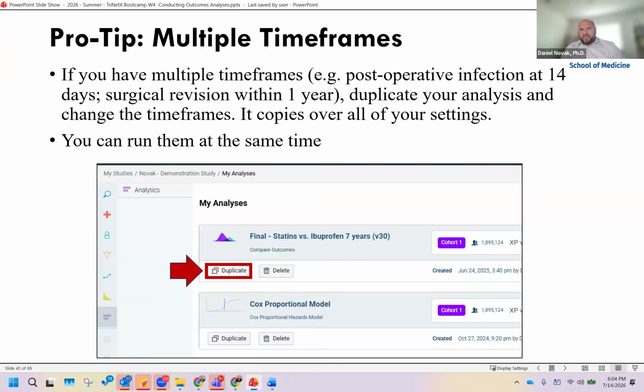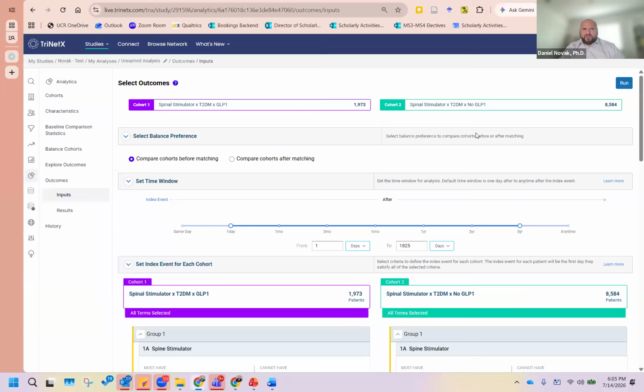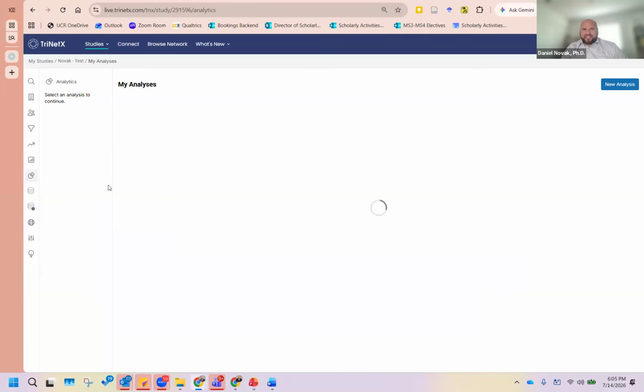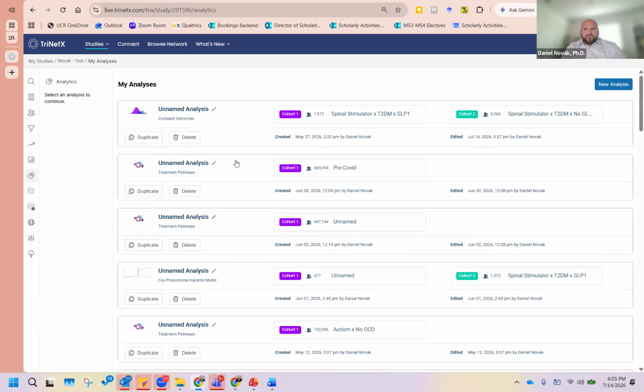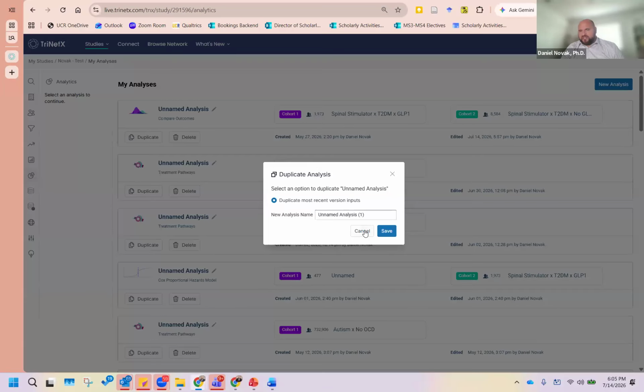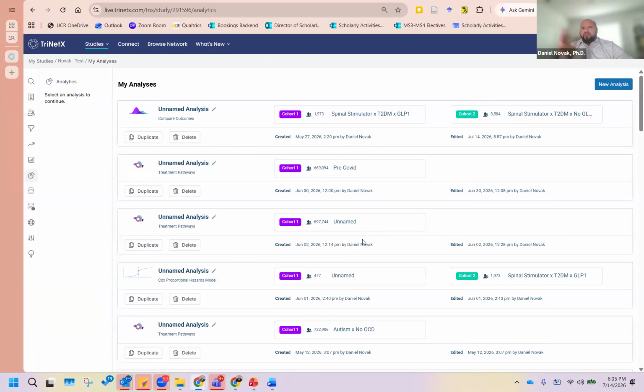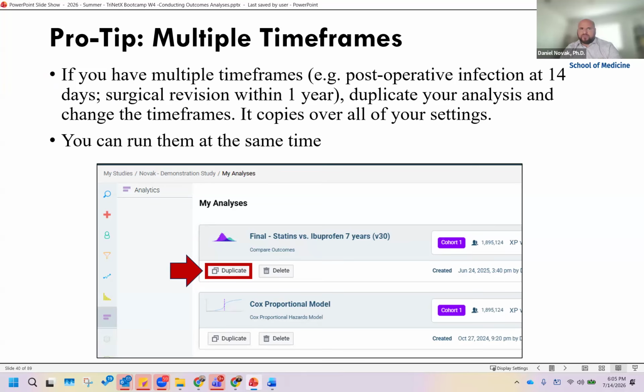A pro tip is if you have multiple time frames, like for example, post-operative infection at 14 days, surgical revision within 1 year, you can just duplicate your analysis and change the time frames. Duplicating your analysis in TriNetX, you'll see that if you go to your My Analyses over here, you can duplicate these very easily, and you could call this 1 year outcomes or something like that.